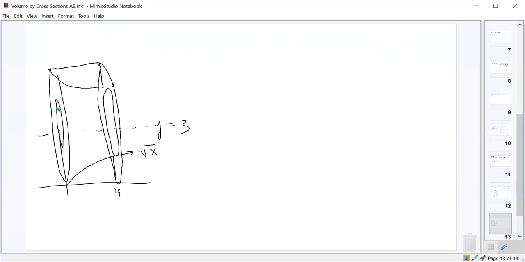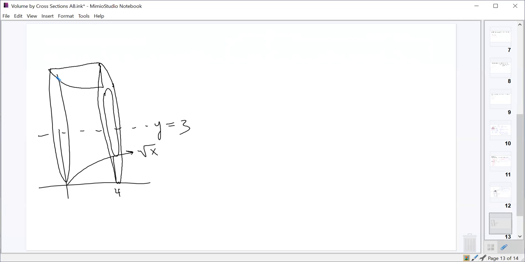Everybody agree there? It's like a tube that's got a volcano looking thing in the middle of it, but the volcano thing is the hole in the middle of this tube.